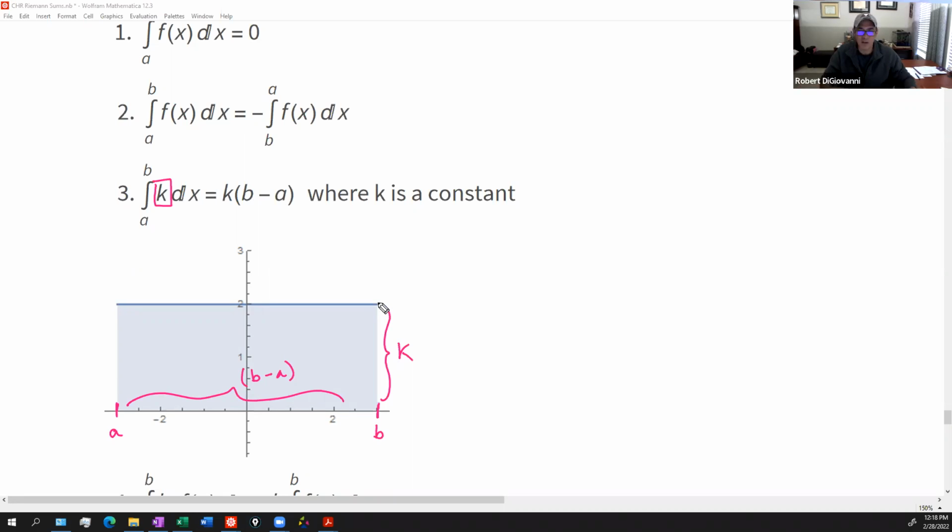Now for us, we really won't do this. Let me show you an example. If I want to do the integral from 1 to 5 of, let's say, 4 dx, here's how I'm going to do it. I'm going to take the antiderivative of 4 and put 4x. Then I'm going to put 5 here and 1 here, and plug in to get a numerical result. When I plug in 5, 4 times 5, I get 20. When I plug 1 in, 4 times 1, I get 4.